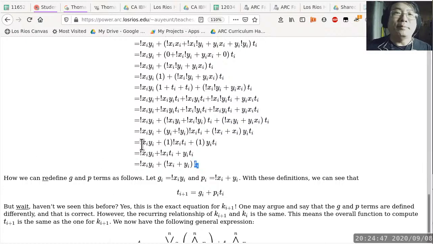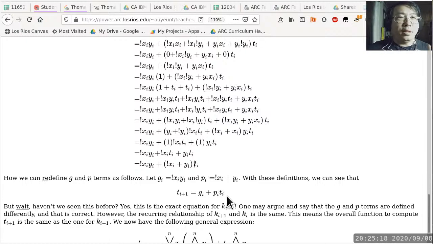Okay, getting back to where we are in the lecture. This is really interesting, because now we define g of i to be not xi and yi, which is this portion, and p of i to be not xi or yi, which is this portion here. So once again, we can say t of i plus 1 is g of i or p of i and t of i.